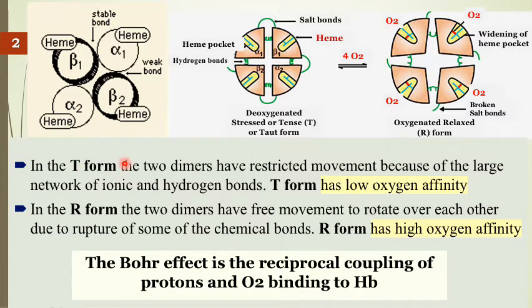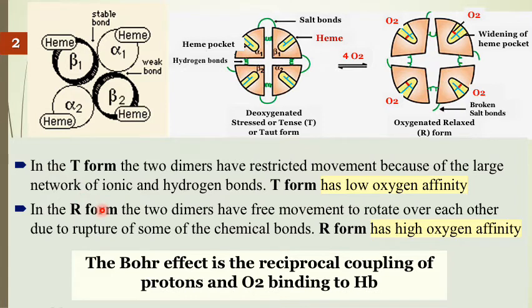In the T form, the 2 dimers have restricted movement because of the large number of ionic bonds and hydrogen bonds. This is the T form, which has a large number of ionic bonds, hydrogen bonds, and hydrophobic interactions, and it has low affinity to oxygen because the heme pocket is narrow and cannot accommodate oxygen.